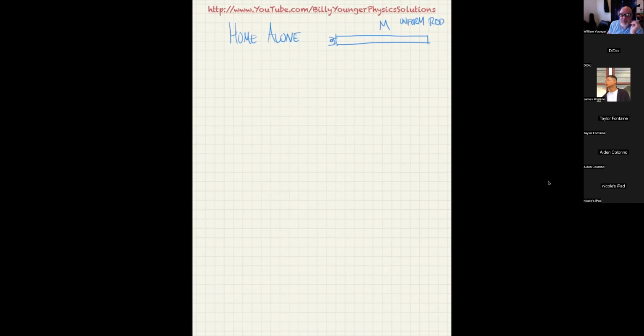So if this object were hanging, for instance, from a ceiling, and this length right here is L, then I'd go over to here, which is L over 2, and that would be the center of mass. And in fact, gravity acts like it's acting right there with a force of mg.